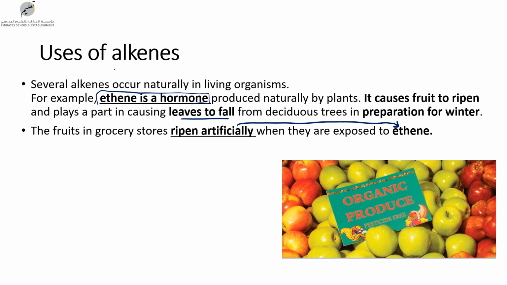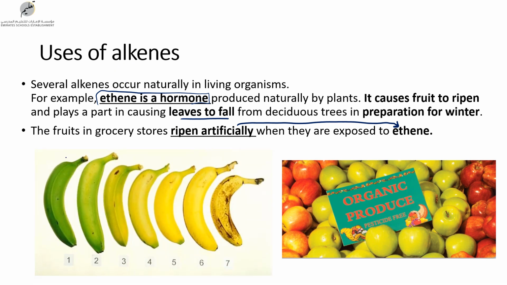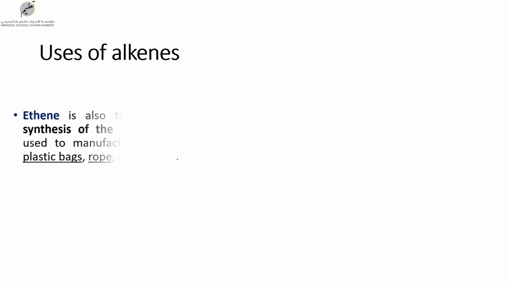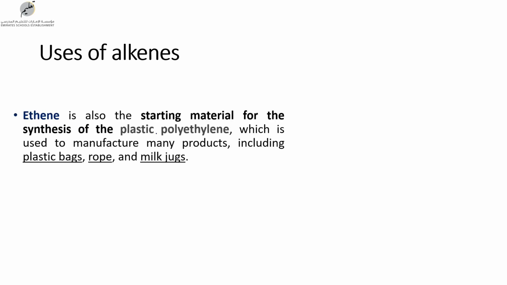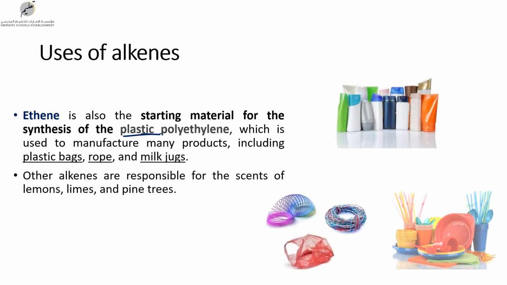So that's one of the uses of ethene, especially here. Ethene will help bananas to ripen. Ethene is also used to synthesize plastics, plastic bags, ropes, milk jugs, and so on. All of these are examples of the uses of ethene, which is an alkene.